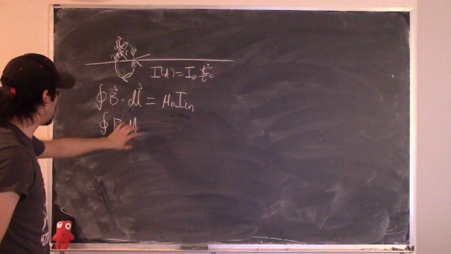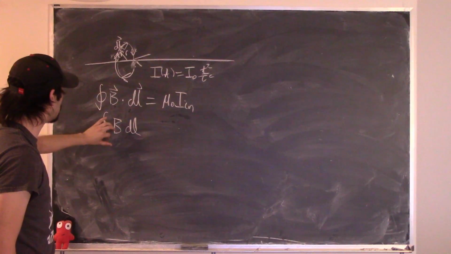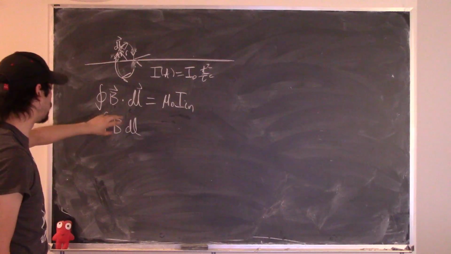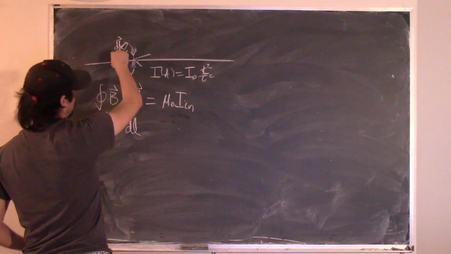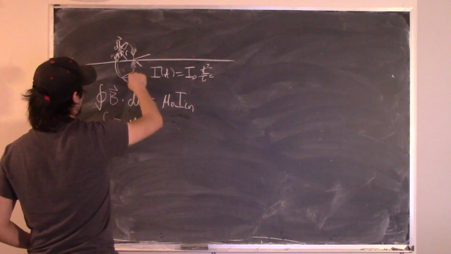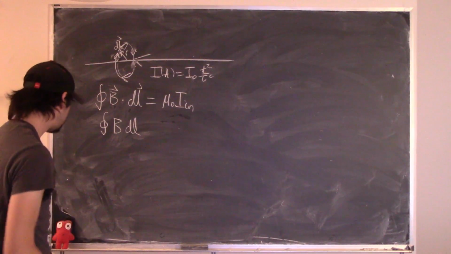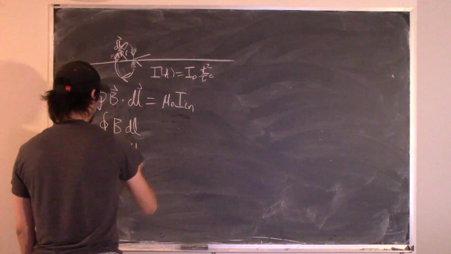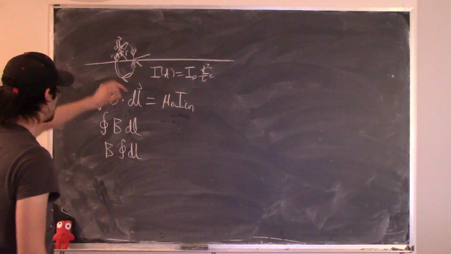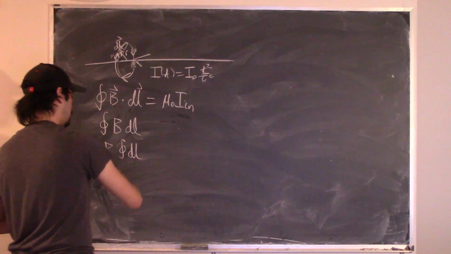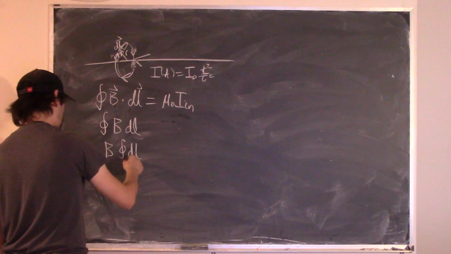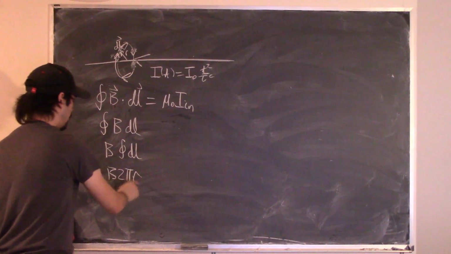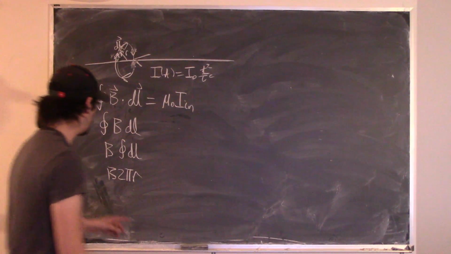The magnetic field has the same value at every point around this loop, so I can pull the B outside of the integral. This is the integral of dl over the closed loop. Because this is a circular loop, that is just the circumference of the circle, so this is 2 pi r times B.